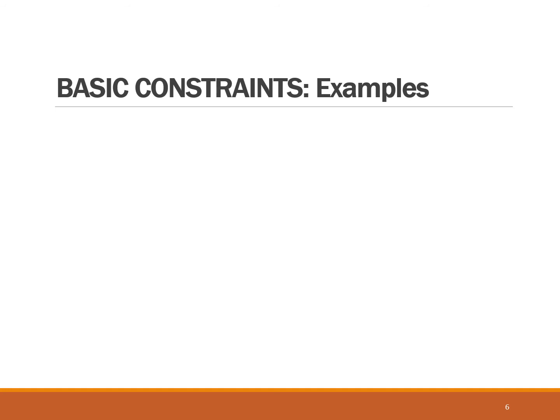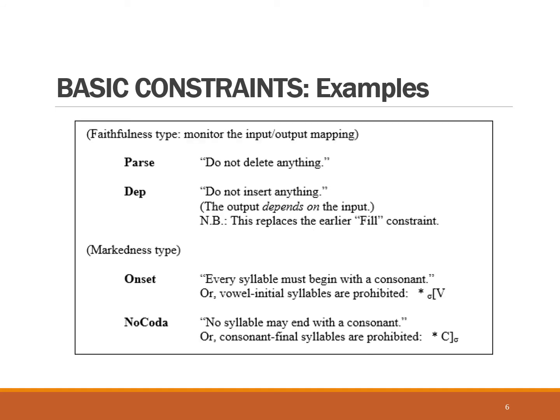Some of the basic constraints are taken from two different types of constraint categories. One is faithfulness, the other is markedness. Within faithfulness, you have the parse constraint, which is defined as do not delete anything.